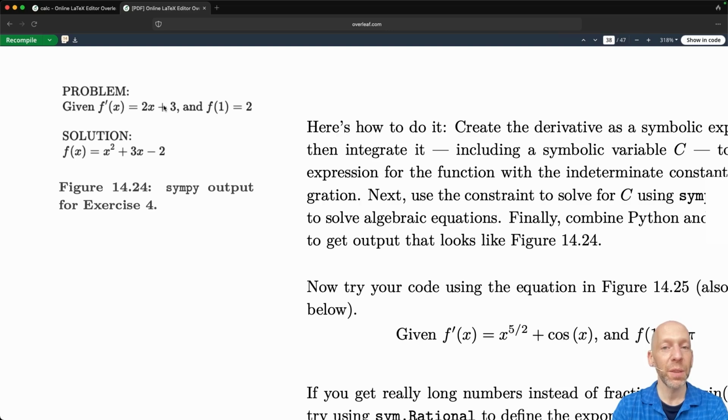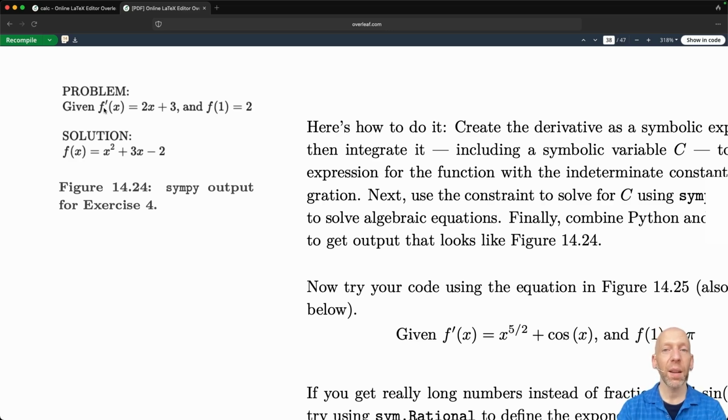So we're given the derivative, and we're given one value, and then we are asked to find a solution without a constant of integration. Okay, and so just as a brief reminder of what I discussed earlier in this chapter, the way to do this is to integrate this derivative to get the original function. That's going to give us a form of f of x plus c, right?